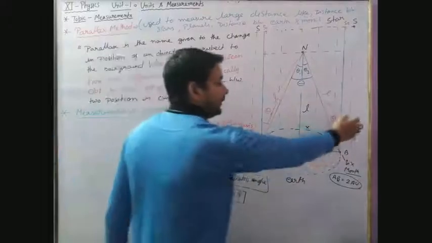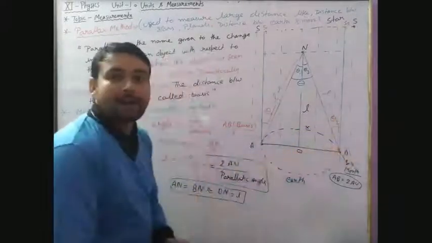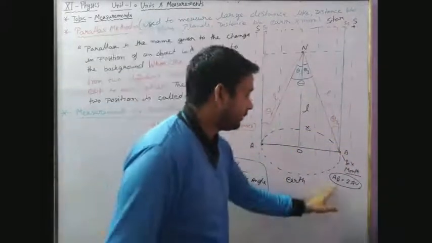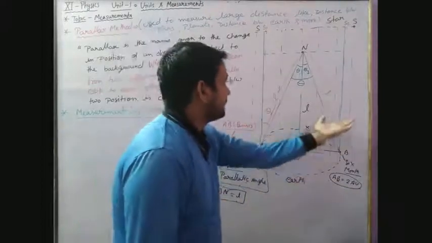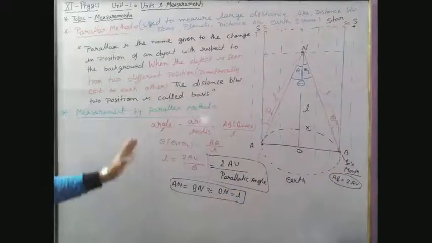Similarly, for the second situation, after 6 months, when we cover about 2 astronomical units, this is measured, and then we use the concept.